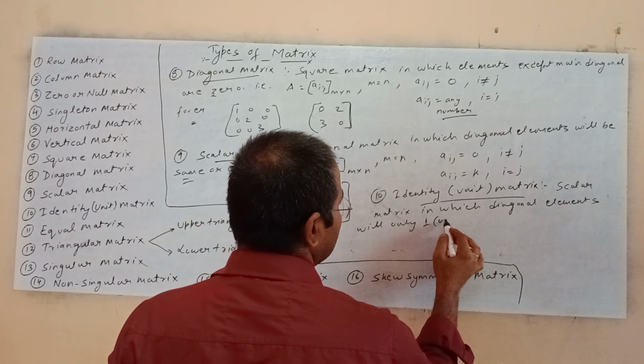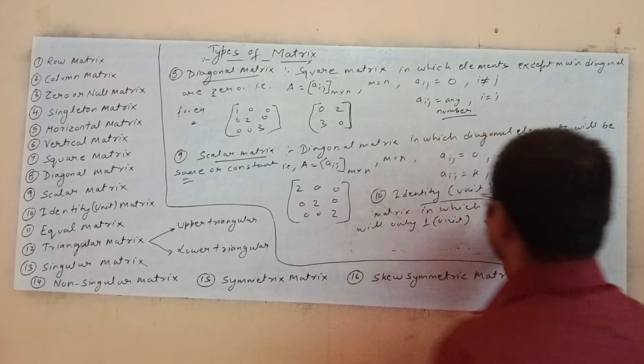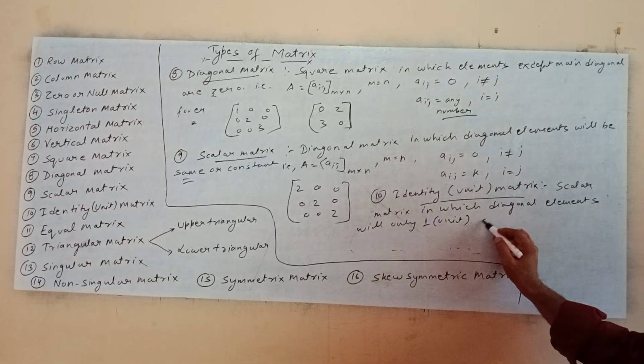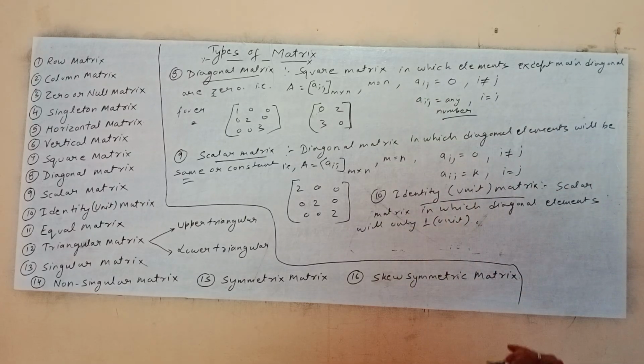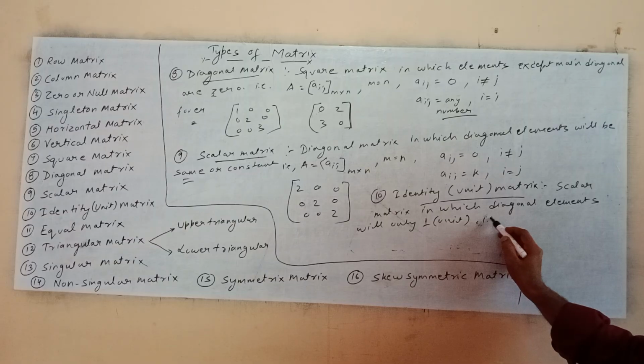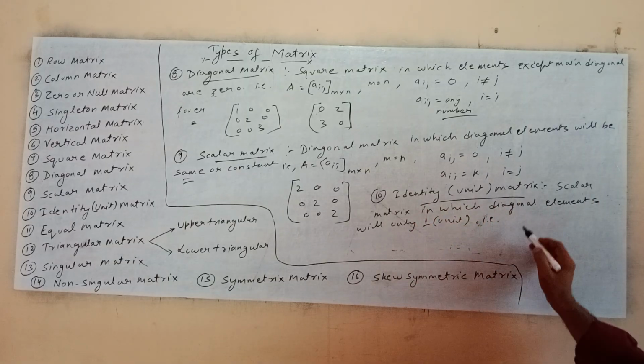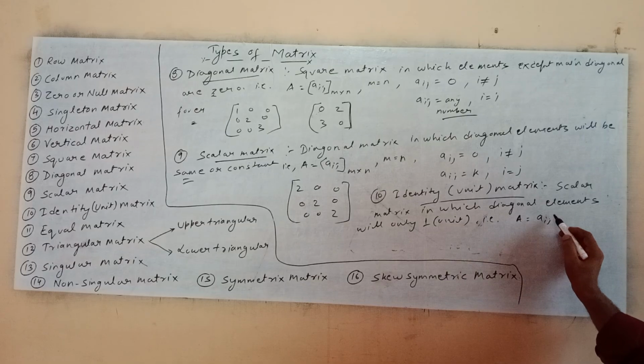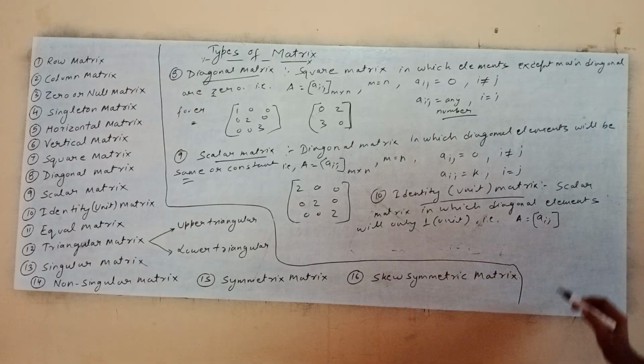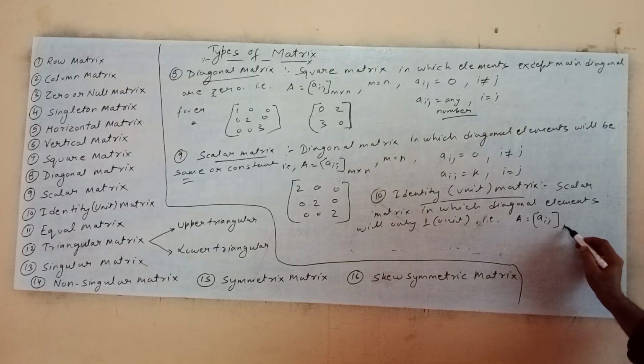Okay, so in this way you will define it. That is, a scalar matrix in which the diagonal elements are 1 is defined as A is equal to Aij. In short, you can define it as Aij, m cross n.